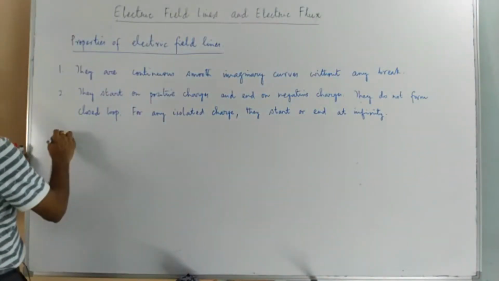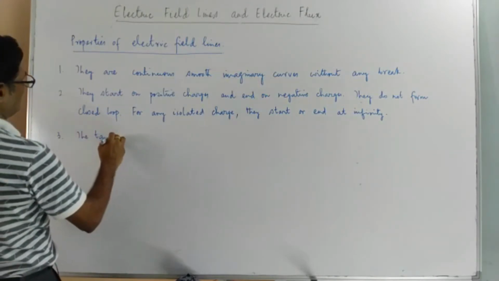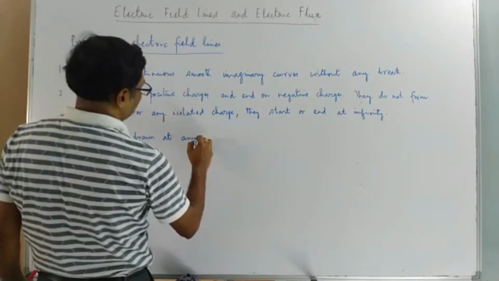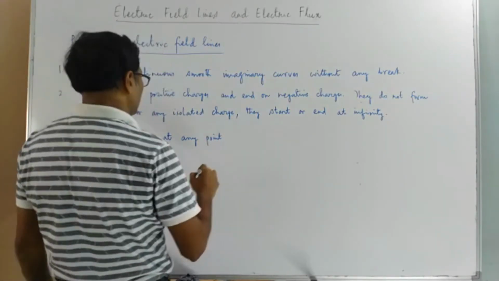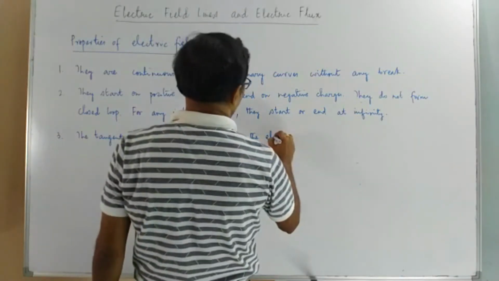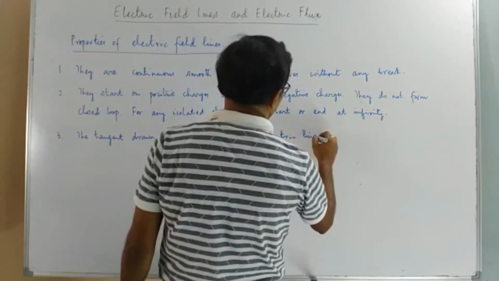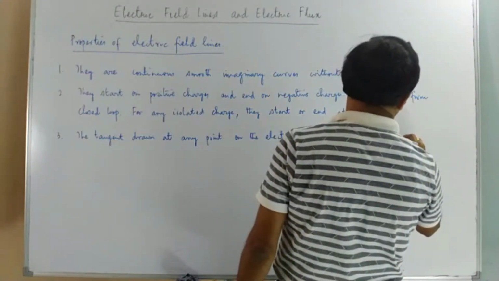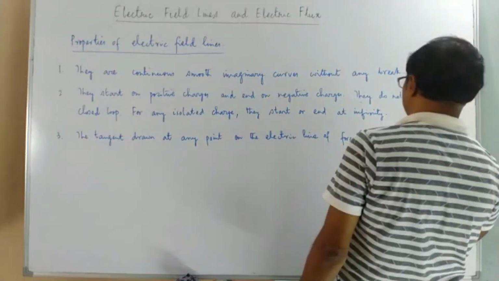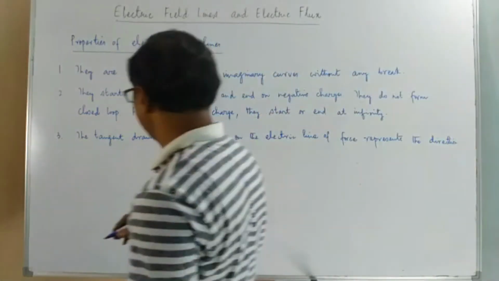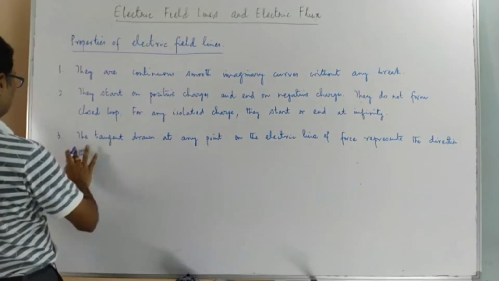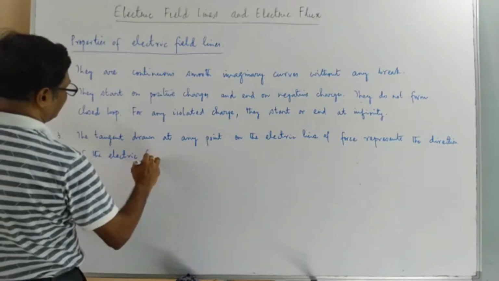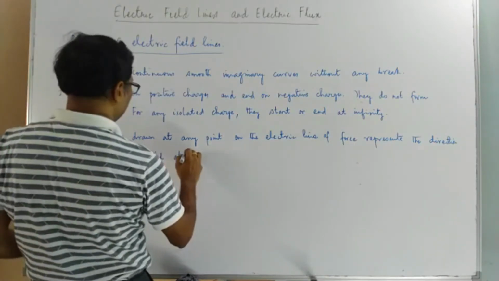Number 3, the tangent drawn at any point on the electric line of force represents the direction of the electric field at that point.